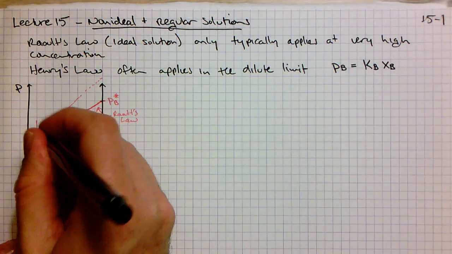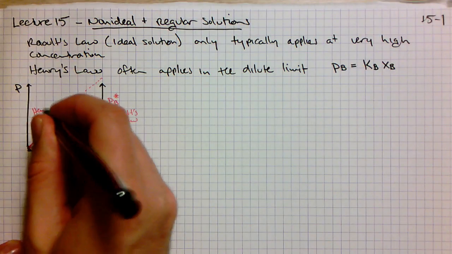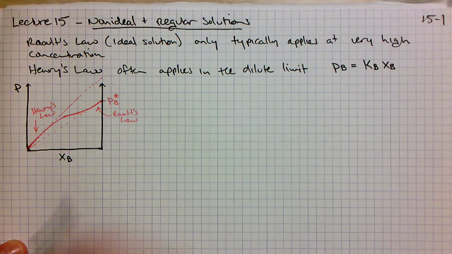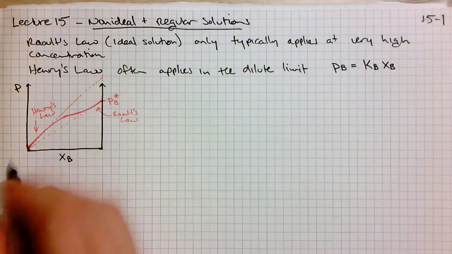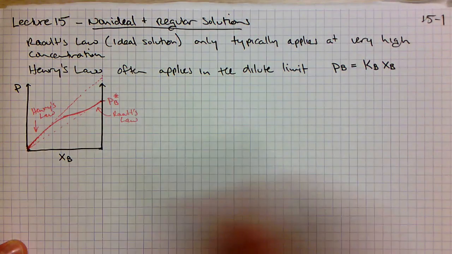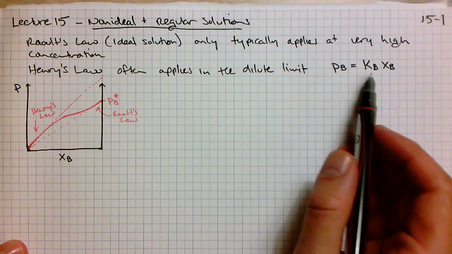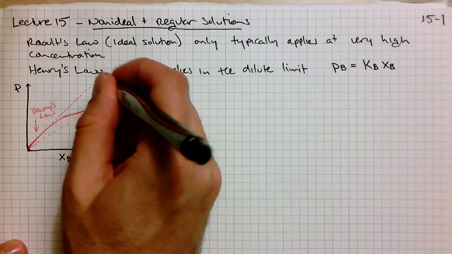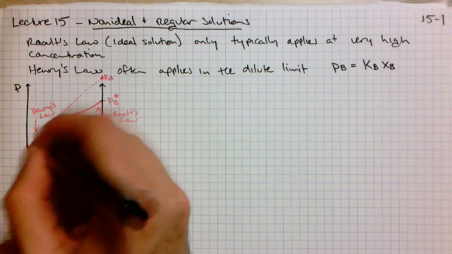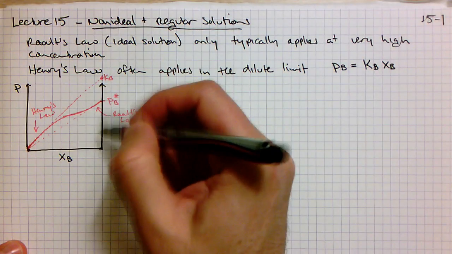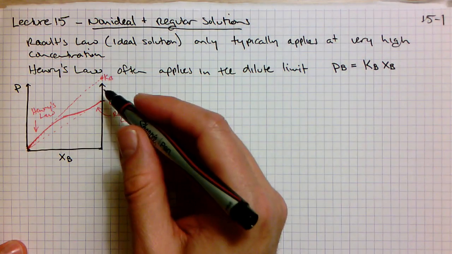So down here we're following Henry's law, and we see that when xb equals 1, Pb is equal to Kb, so Kb is the intersection of the extrapolation of this line with the xb equals 1 axis.